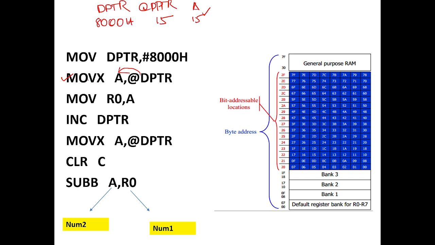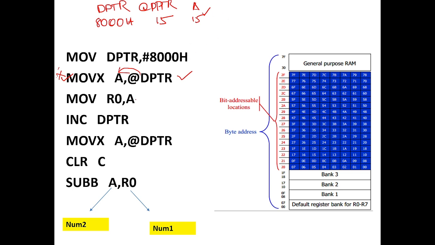So this is indexed addressing mode, right? MOVX is the instruction used to transfer data between internal and external memory locations. Very important. After execution of this instruction, this is the content.